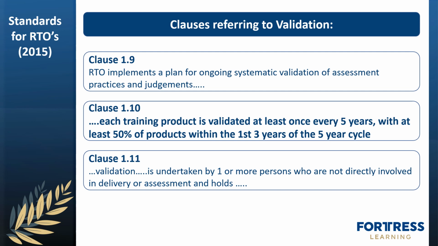But these 3 clauses state that RTOs must have a 5-year plan in place to conduct ongoing systematic validation of assessment practices and judgments. And this plan must ensure that all training products on scope must be validated in that 5-year period, with 50% of these validated within the first 3 years. They do indicate that high-risk training products should be validated more regularly.